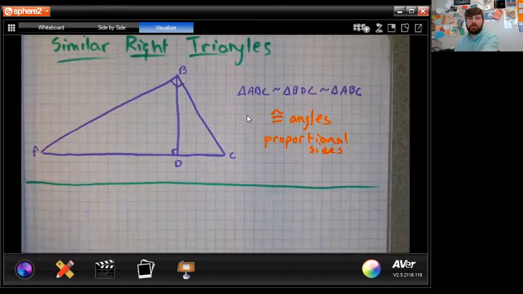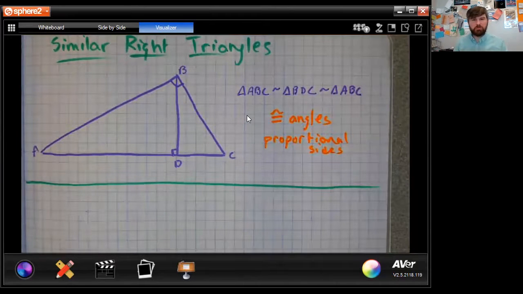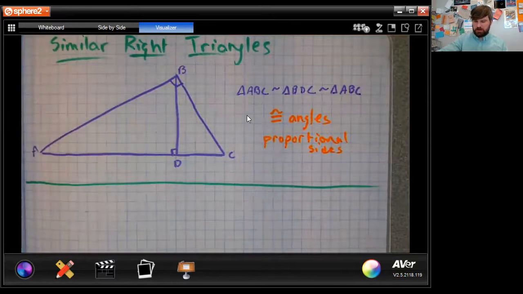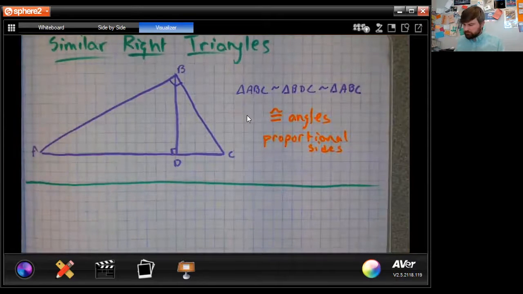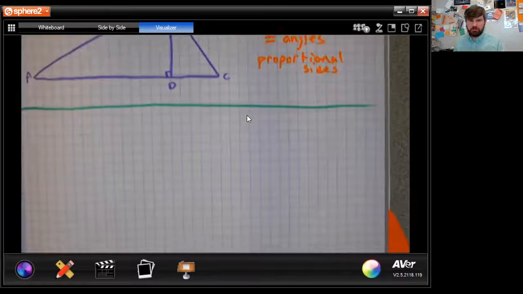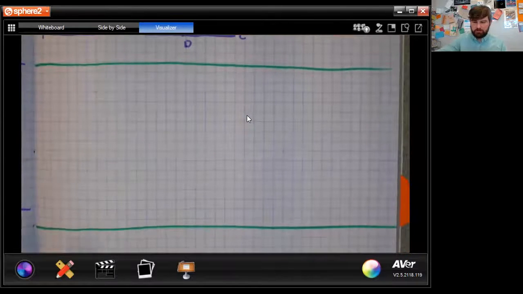And we talked about this in the last unit, but with this one, we're specifically only going to be looking at right triangles, okay? All right, so let's look at this first example here.